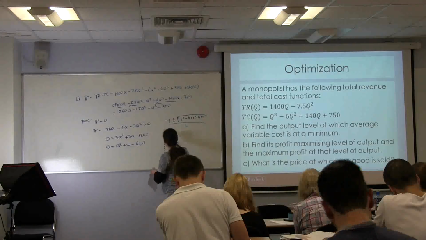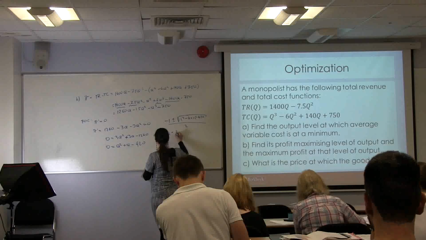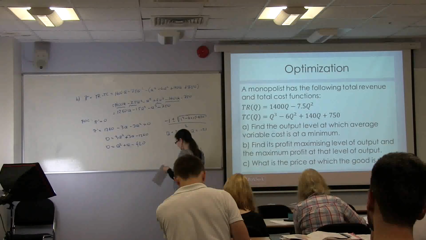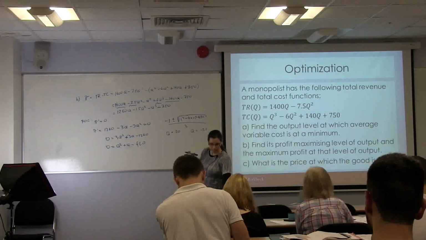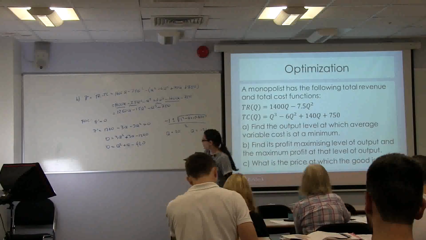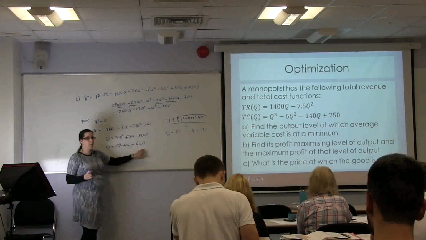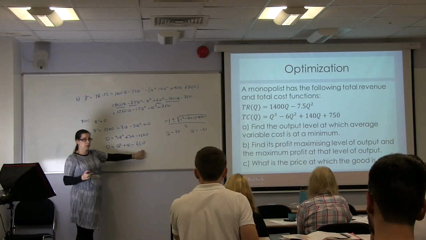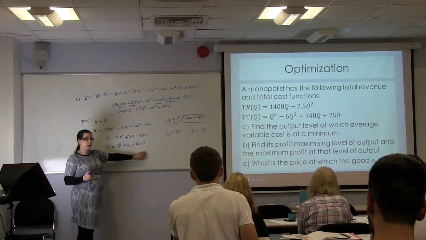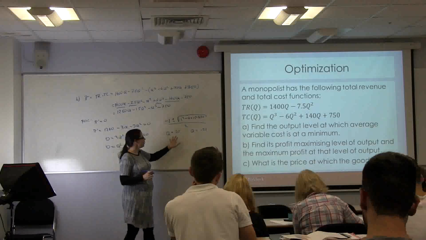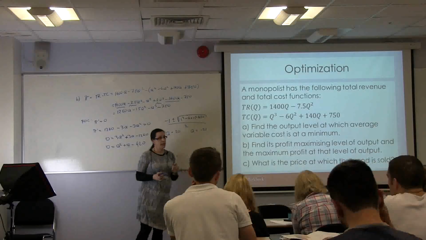So I end up with Q being 20 and Q being minus 21. Now 420 unfortunately has way too many factors in it, so that's not very easy to factor out. So quicker to do the formula.